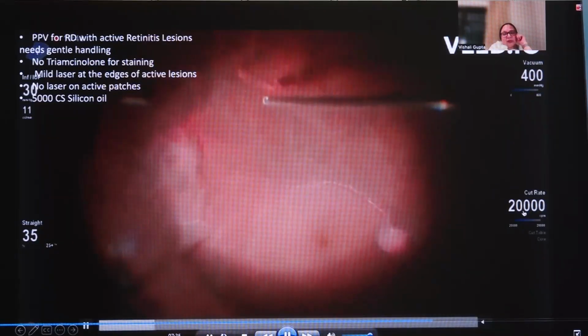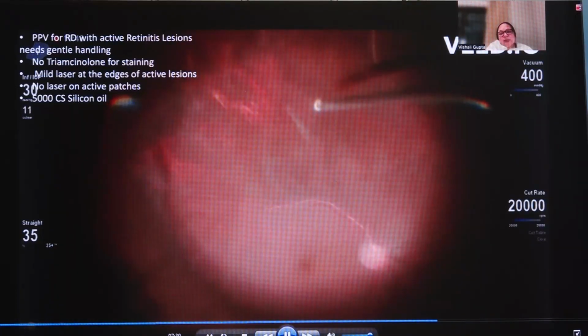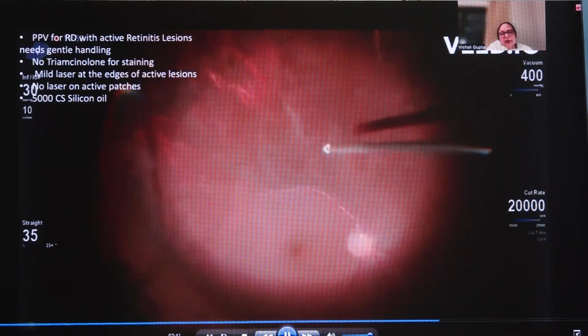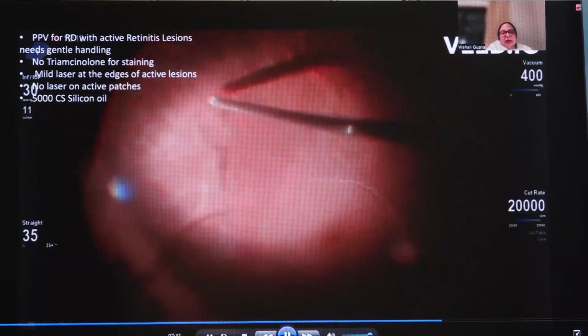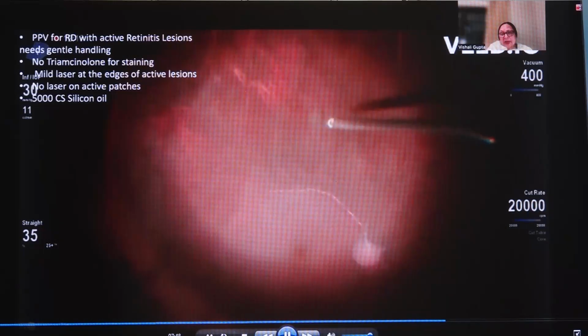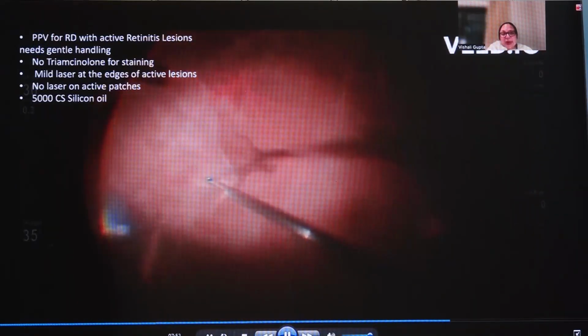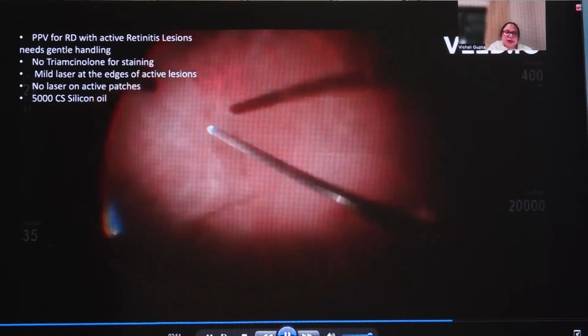The highest cut rate, for example, this one I'm using 20,000 cuts per minute, because you really know that the hyaloid is really adherent to the retina. So you don't want too much pull, because the retina can come into the tissue.